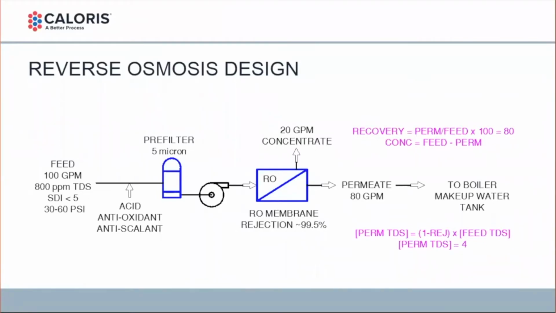That's probably typical. I've seen membranes a little bit higher, a little bit lower. So anyway, if we take that 800 ppm of the feed and multiply it times 1 minus 0.995, we should end up with a permeate of about 4 TDS.